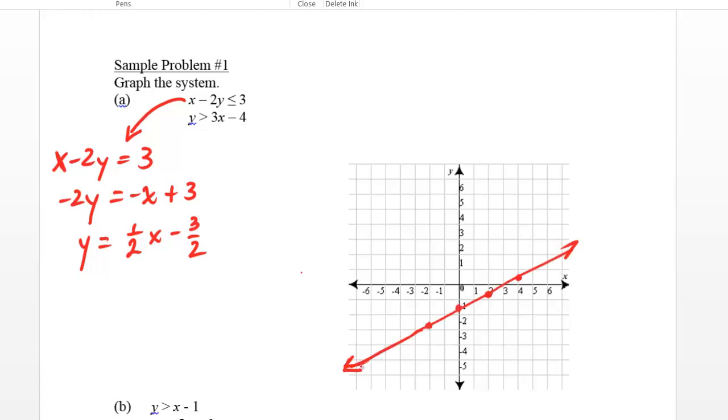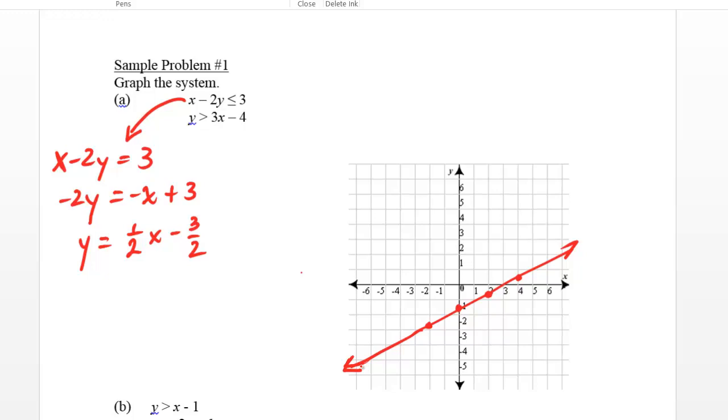Okay, now that I've got the line down here, first of all I need to check the inequality. The inequality shows me that it is less than or equal to, so I know it's a solid line. Now, and this is an important part of this process if you remember from graphing inequalities before, I converted to slope-intercept form, but I want to test my point back in the original inequality.